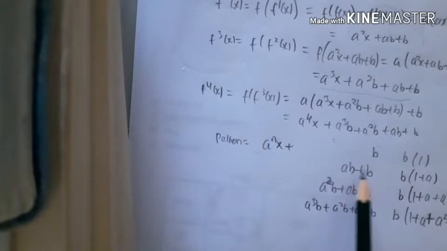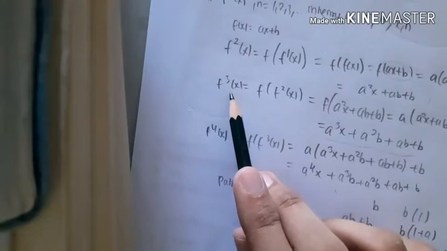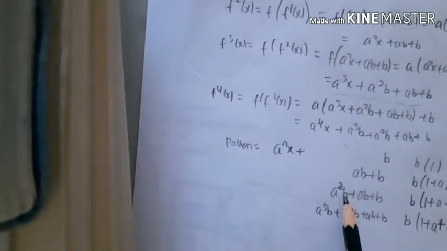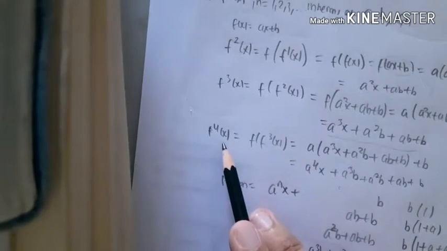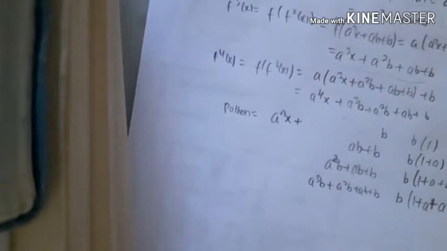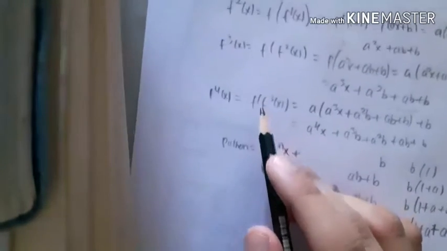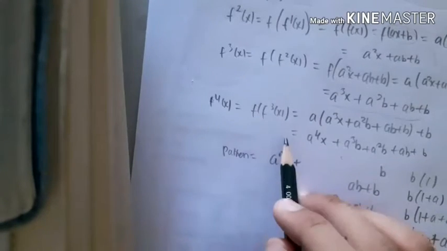So in ab plus b, it only has 1 here. When n is 3, we got a squared b. When n is 4, we got a to the power of 3. So therefore, we know that this will be increasing when we substitute n here.